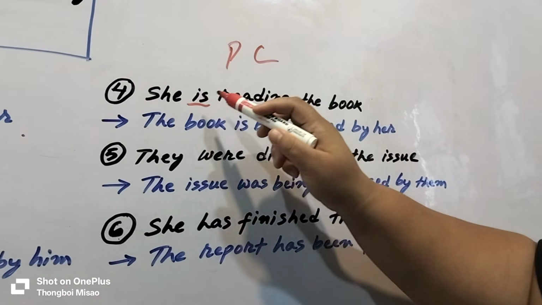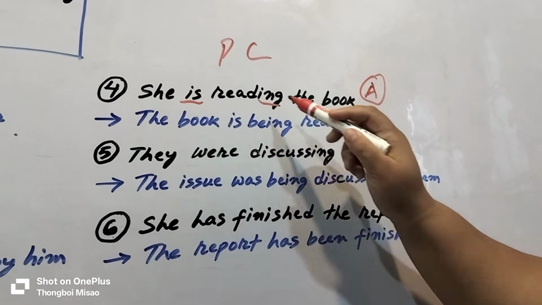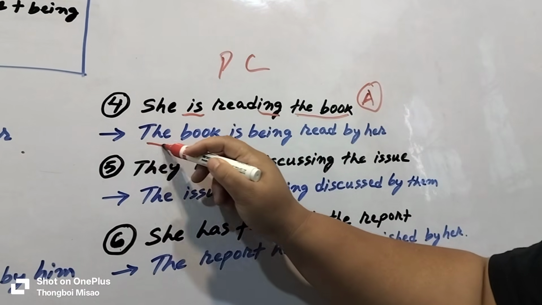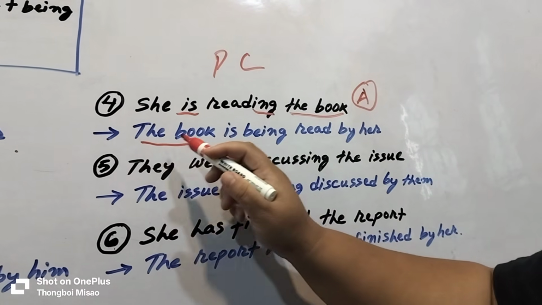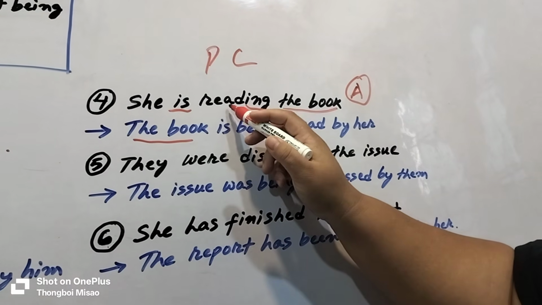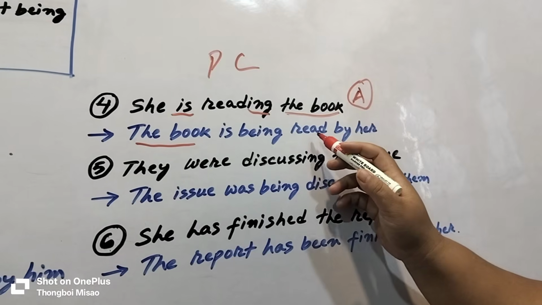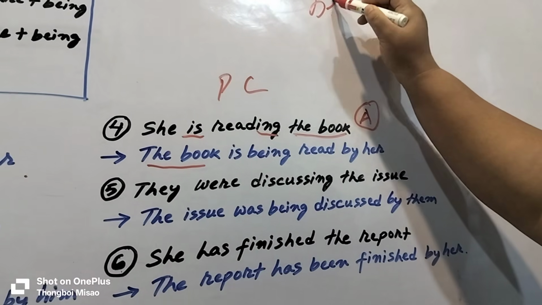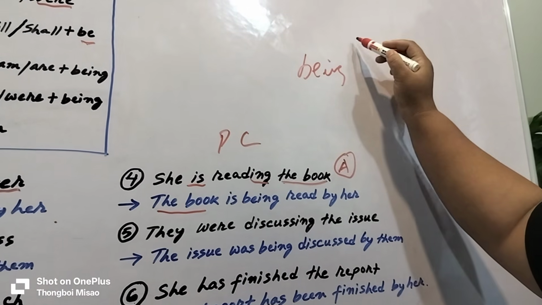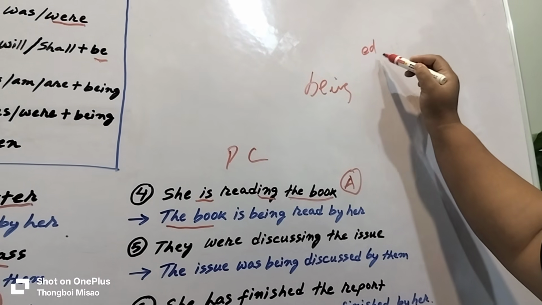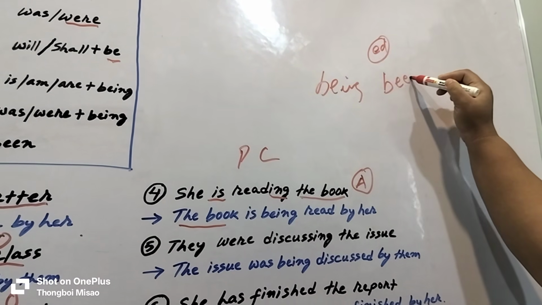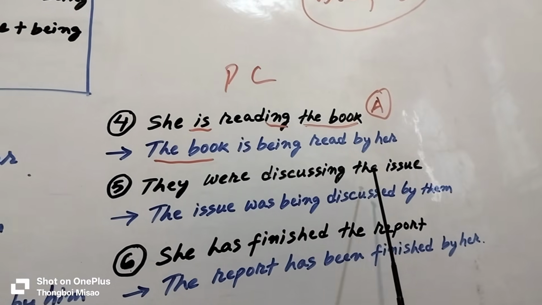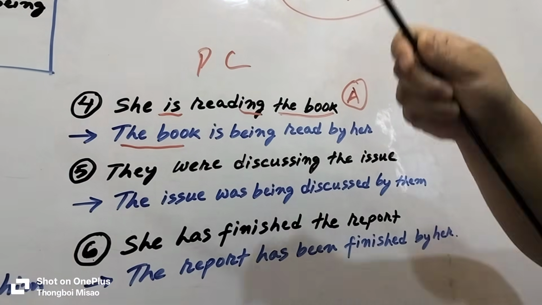In passive voice the object becomes the subject: the book is being read, with the third participle, by her. Is plus being plus the third participle.